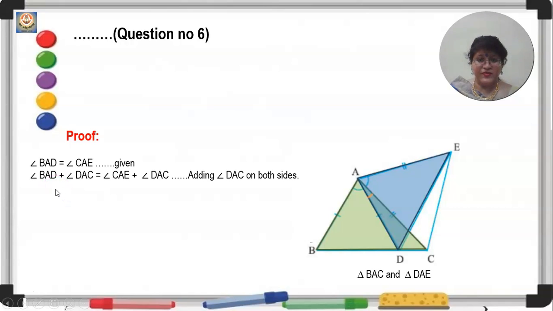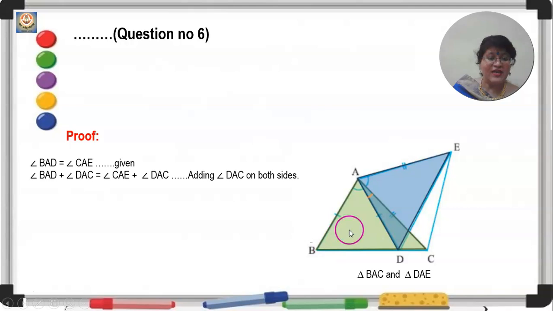What I'm doing out here is I am going to add DAC on both the sides. So BAD plus DAC will be equal to CAE plus DAC. Mention the reason. Why is it that I have added DAC on both the sides?